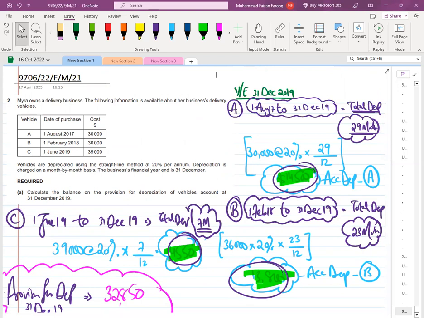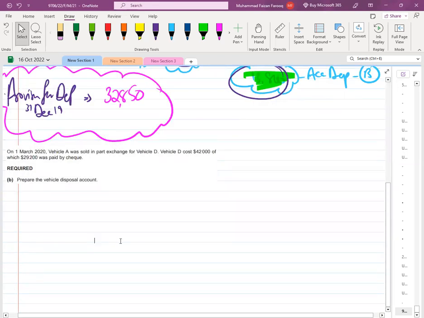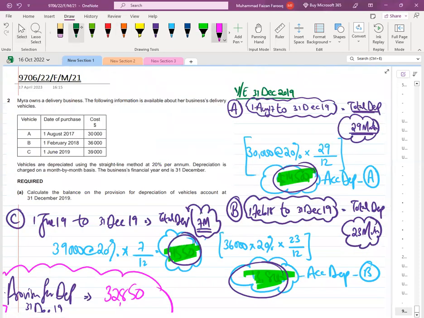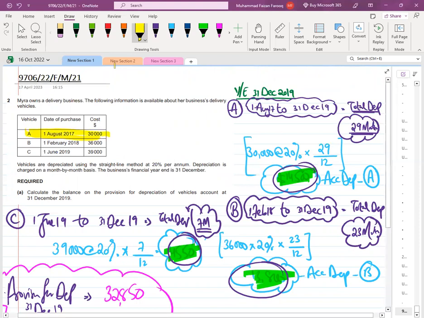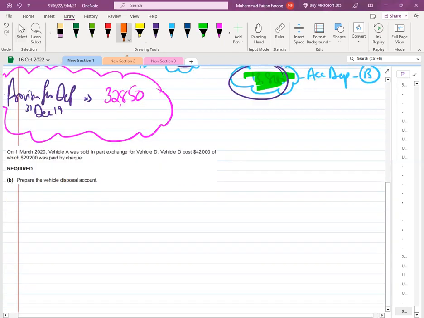Now there is another requirement, which is requirement B. The examiner asked to prepare the disposal account. This is the B requirement, additional information. Vehicle A was sold in part exchange for vehicle D. We know that vehicle A is here, right? The accumulated depreciation on vehicle A is this much. Should I take the opening data from part A?